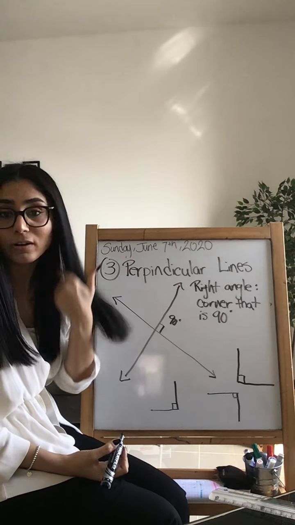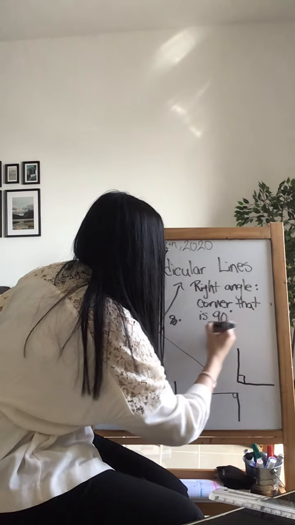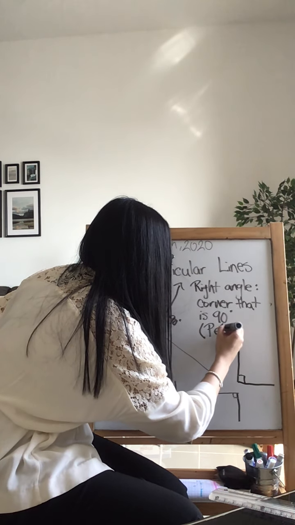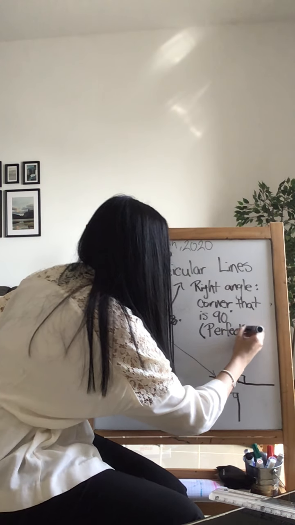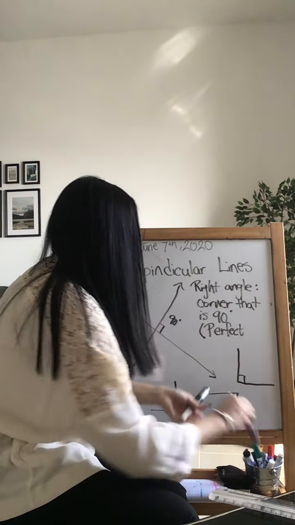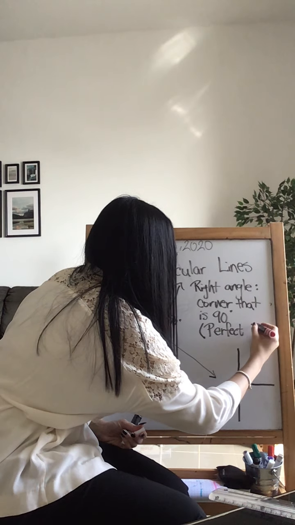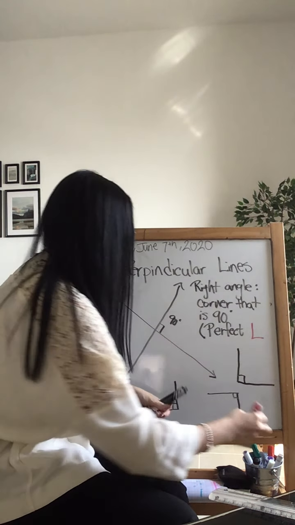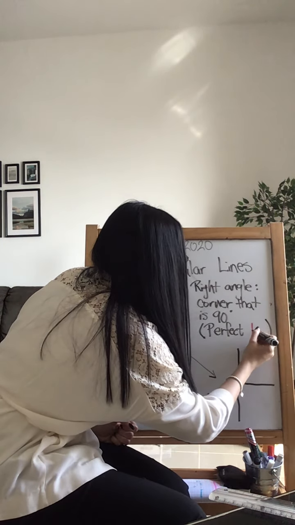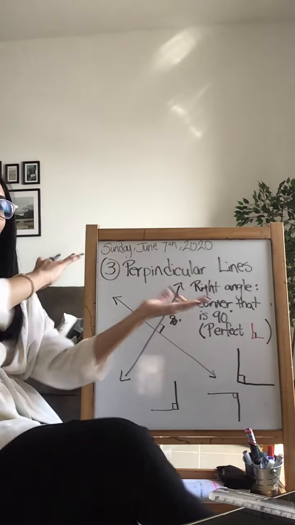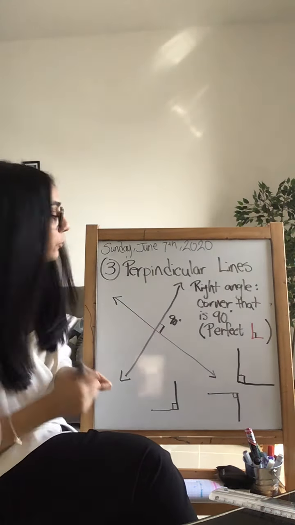Degrees as in like when we do Fahrenheit in degrees. And I'll put in brackets, a perfect L. It's just like a perfect little L. Again, it doesn't matter which side, but it's a perfect L in some shape or form.